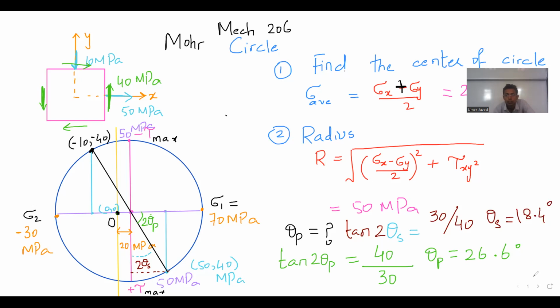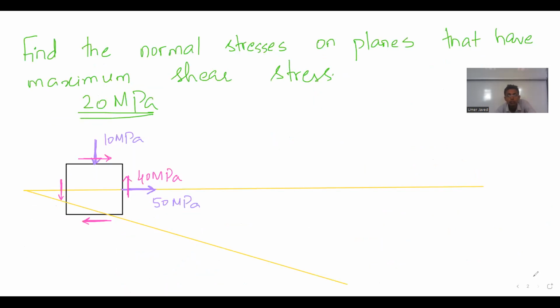So why don't you do one more thing? Go back to your notes and use the tan 2 theta s formula and tell me, do you get the same answer or not? Do you remember that formula? No. Okay. Let us go back.